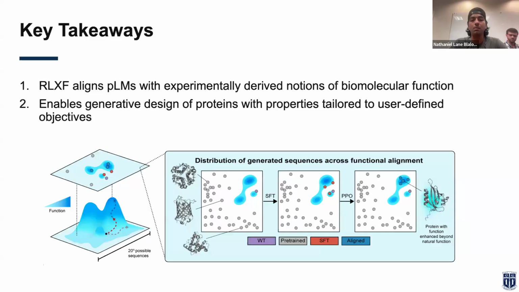The last quick point that I want to make is that we were able to implement this entire pipeline on one GPU if you have access to one NVIDIA GPU. And this entire process of training a reward model, generating a synthetic SFT data set, aligning your model with SFT and PPO, and then designing variants, all of this takes only around 2 to 3 days.